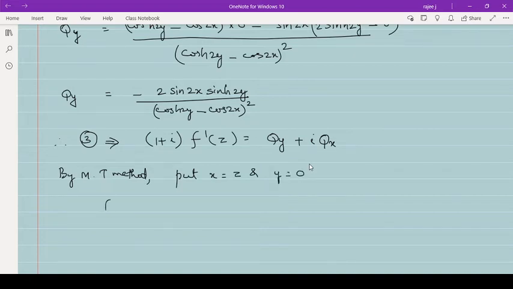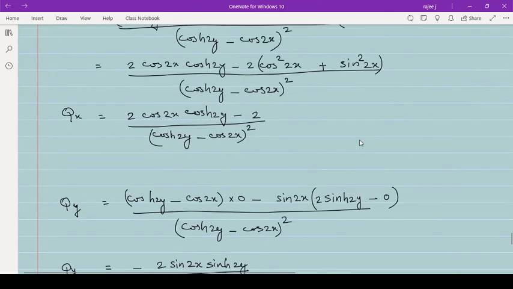Therefore it becomes 1 plus i into f'(z) will be, this q_y will be replaced by q_y(z,0) plus i into q_x(z,0). This step is not necessary to write. Because I am not going to rewrite that big terms here again.